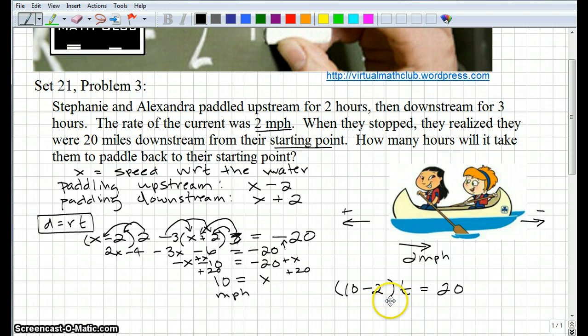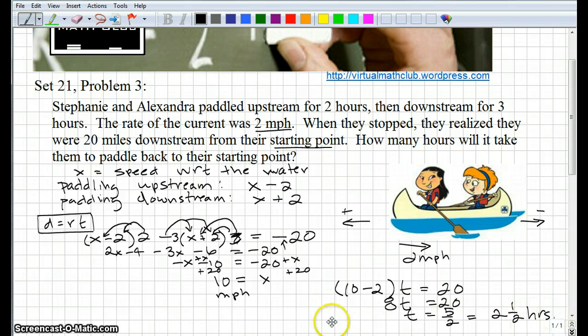So 8t is equal to 20, and so t is equal to 20 over 8, or that's 10 over 4, or that's 5 over 2, which is equal to 2.5 hours.